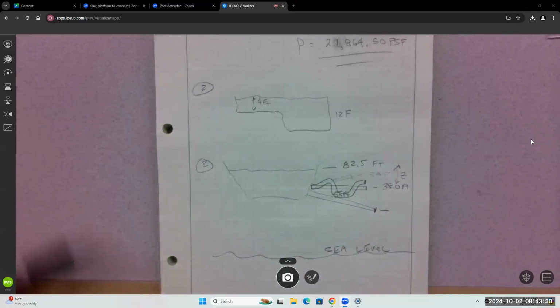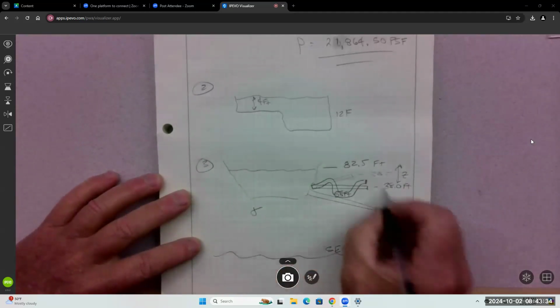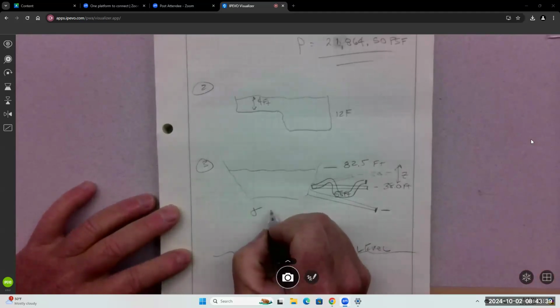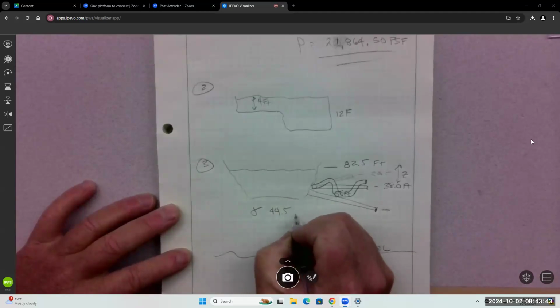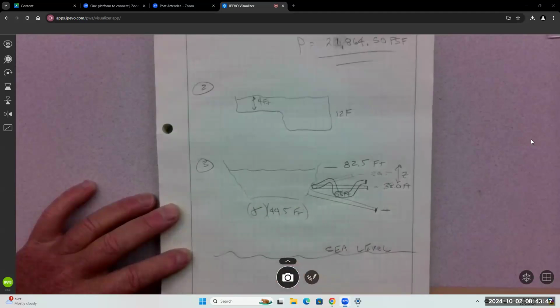All right, so what did we get? We should have got specific weight times Z, the difference. What's the difference? 4.5 feet. And this is our good old 62.4.